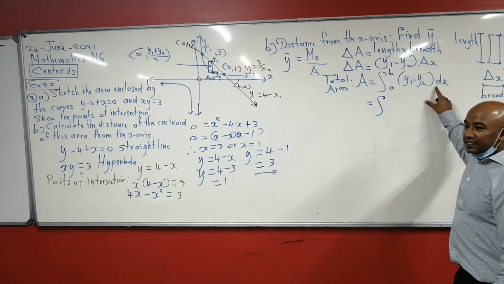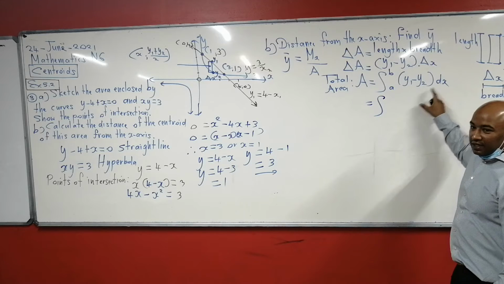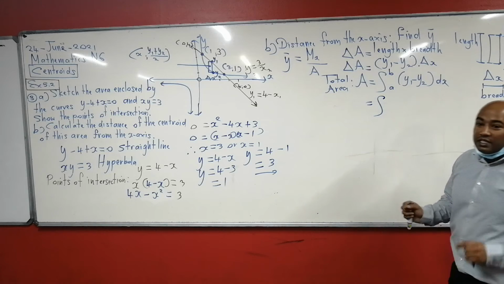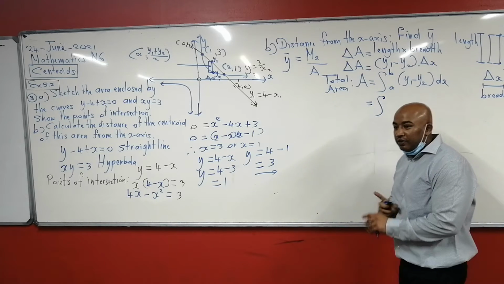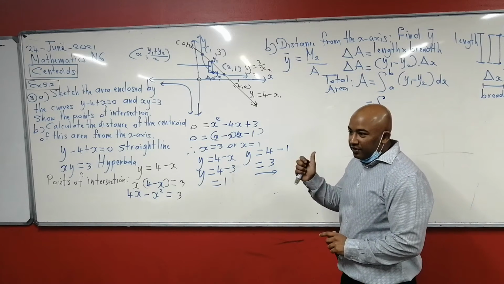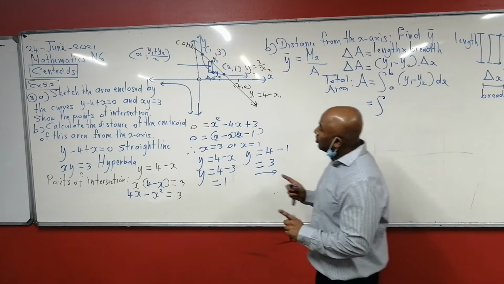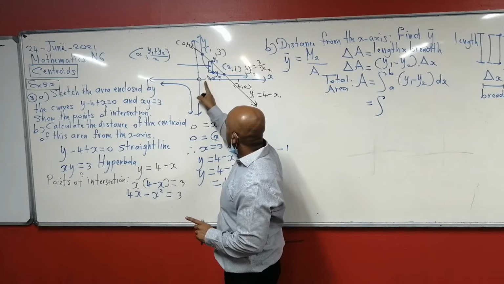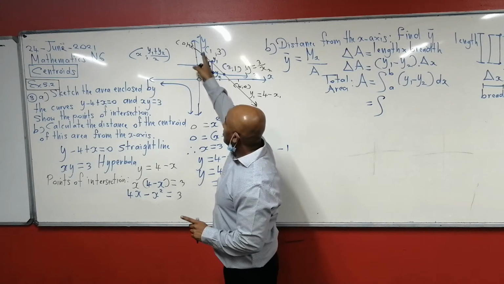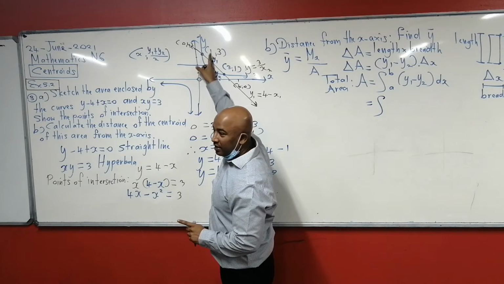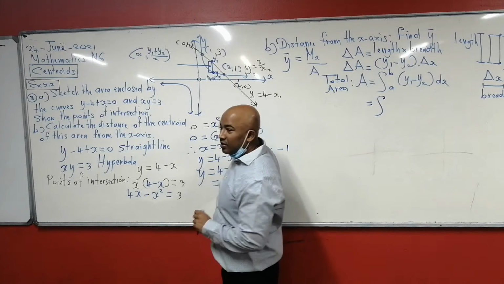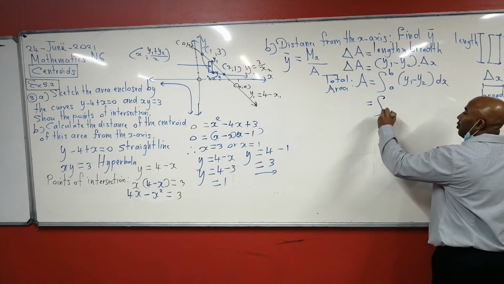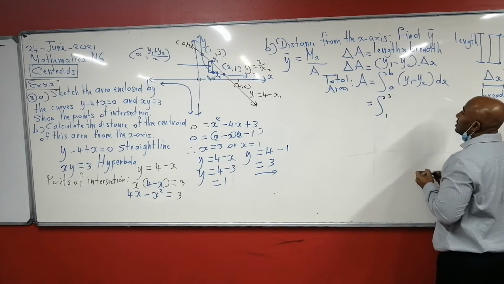Now remember, this is dx. That means we are integrating with respect to x. That means we are interested in the x value at the beginning and the x value at the end. So go to the beginning, the smaller x. There's the beginning of the area here. There's the end of the area. So it starts at 1, ends at 3. Those are the x values. So now from 1 to 3.